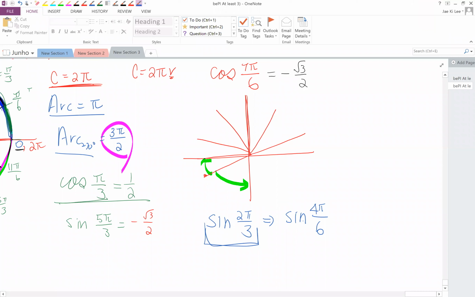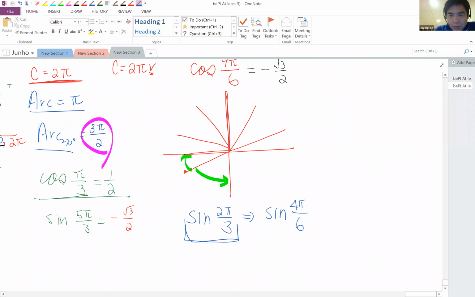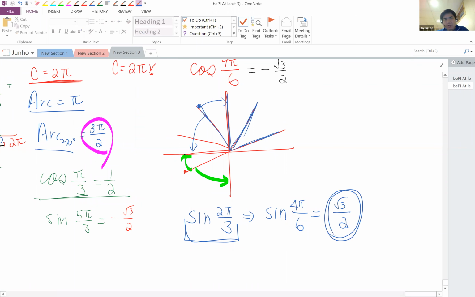Then the fourth piece is here: 1, 2, 3, 4 is right here. As you see, this point is close to the y-axis compared to the x-axis, so the y value becomes root 3 over 2. And then it's in the second quadrant, so y is positive. That should be the answer.